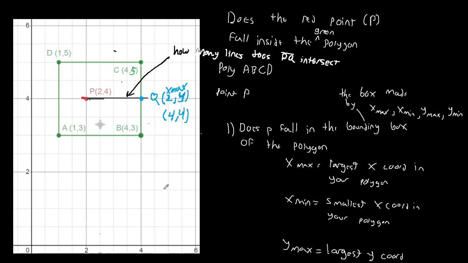The next point I told you was that we can figure out if P is inside of the polygon by figuring out how many lines are to the right of the point. I said that we could use a little trick: if we make a horizontal line from point P to the x max coordinate of the polygon, and we call this PQ, we can turn that question of how many lines are to the right of the point into how many lines this new line PQ intersects.